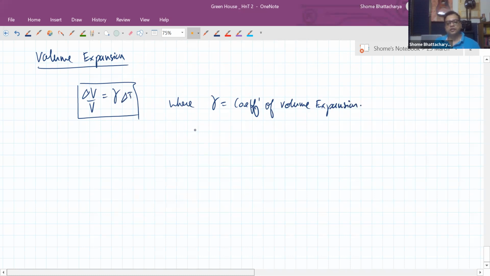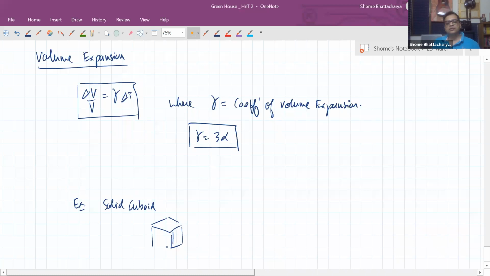And gamma is equal to 3 times alpha, just like beta was twice alpha. For example, if we have a solid cuboid with some height, some length, and some width, the volume is L into B into H.